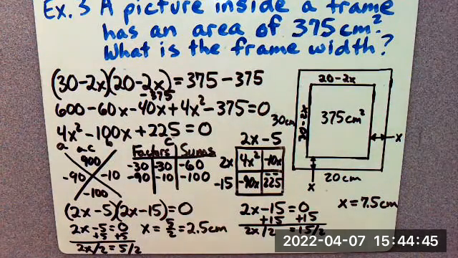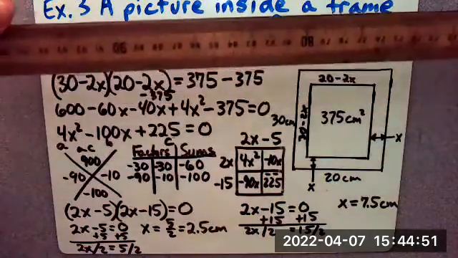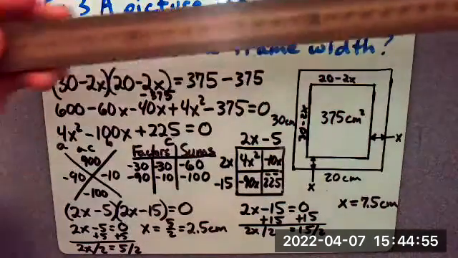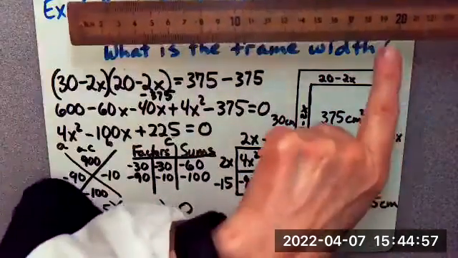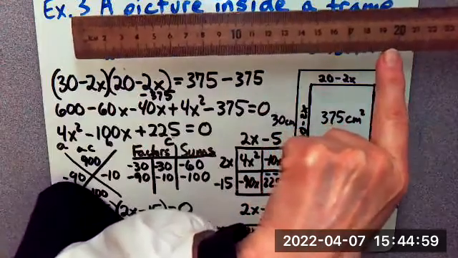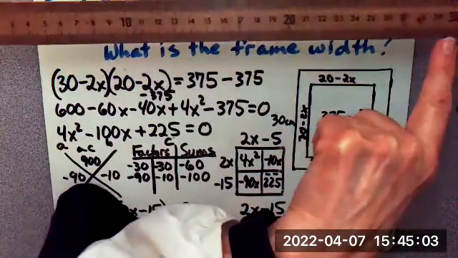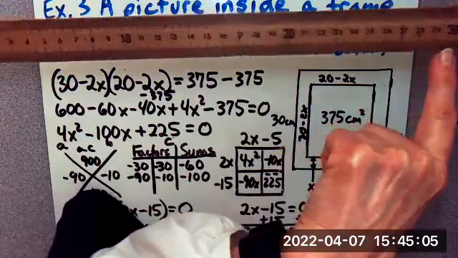Okay, but for 20, now let's think about it. We know that the large picture frames are for large pictures. Oops, let me get this back the right way. So let's look, this is 20 centimeters. Okay, that's not very big. This is 30 centimeters, okay?